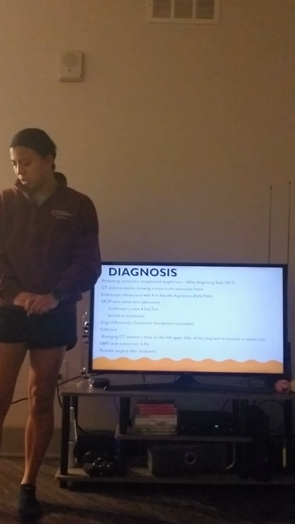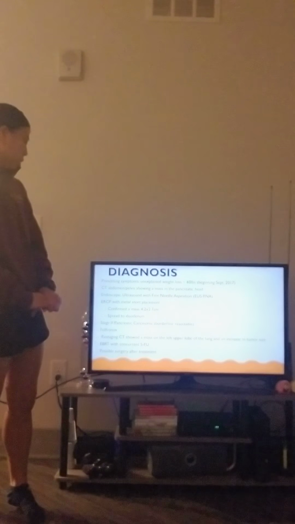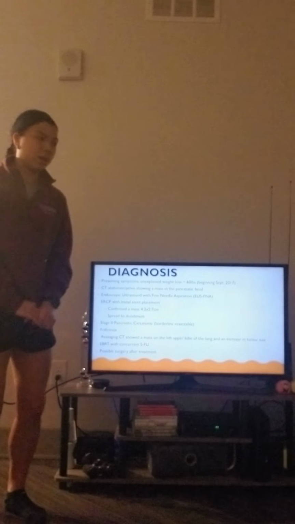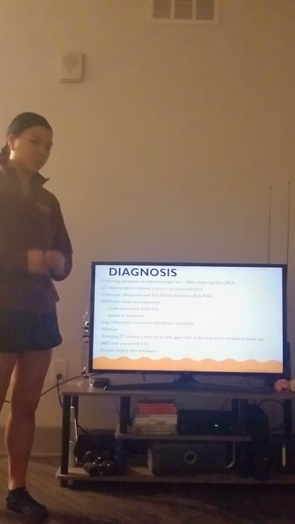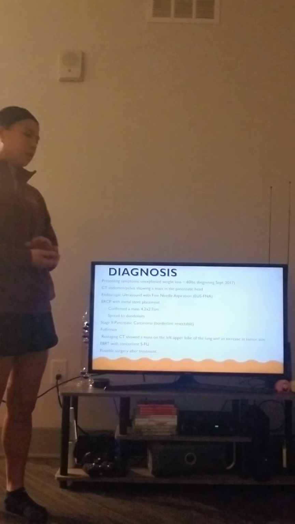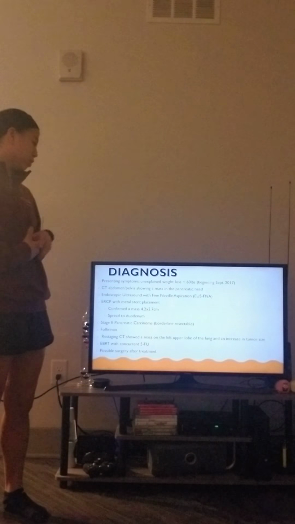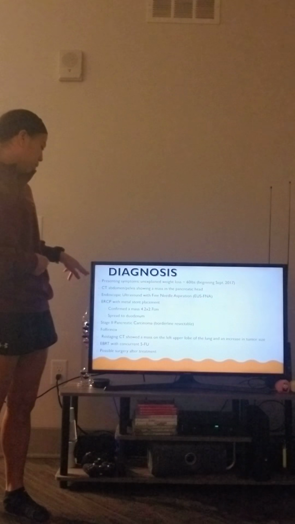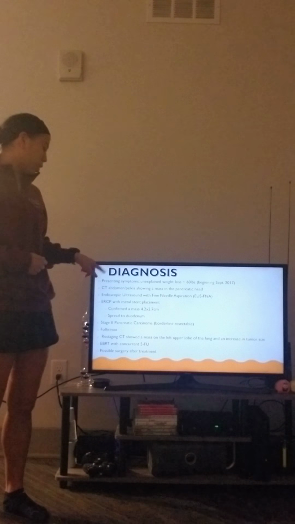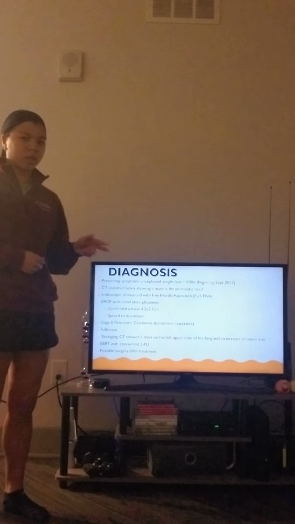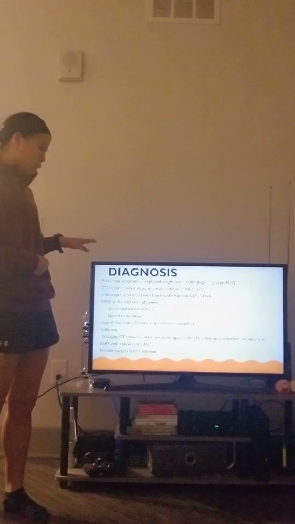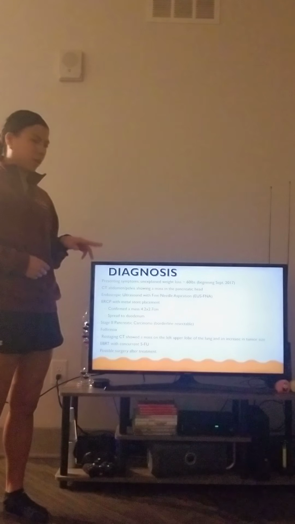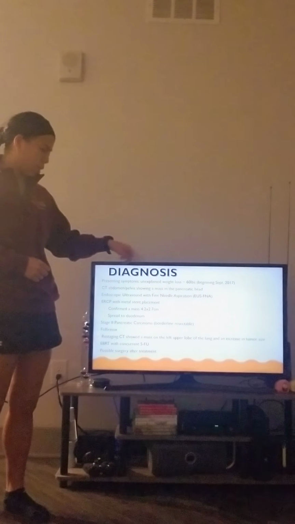So this is his diagnosis. He presented with unexplained weight loss, actually about 60 pounds of unexplained weight loss, beginning in September of 2017. So he had a CT abdomen pelvis, which showed a mass in his pancreatic head. Then he had an endoscopic ultrasound with a fine needle aspiration, which was a scope that looked at all his organs down there, and it also was considered part of his biopsy.